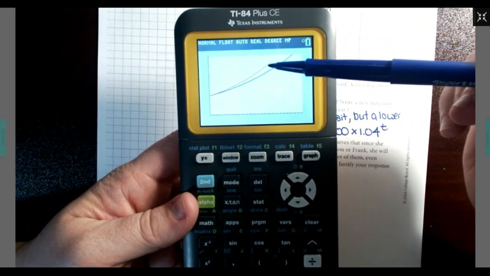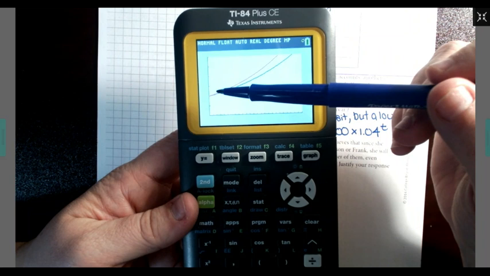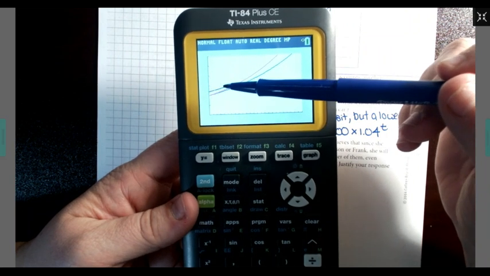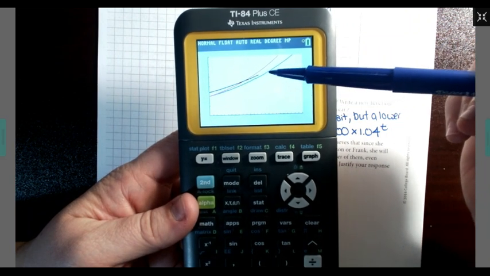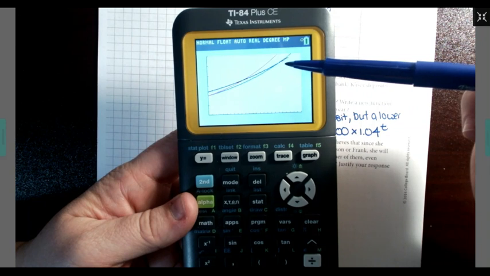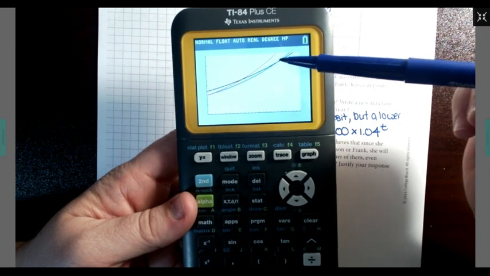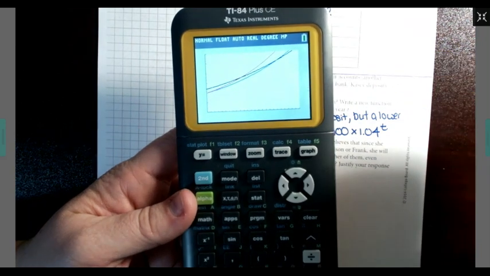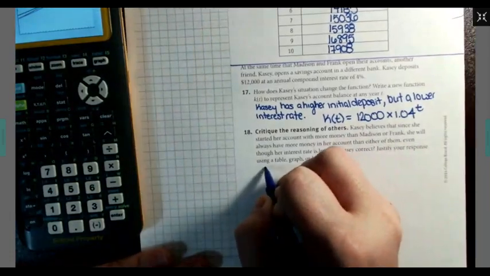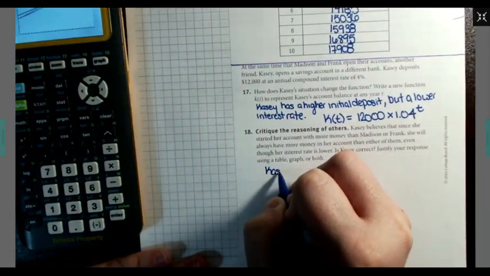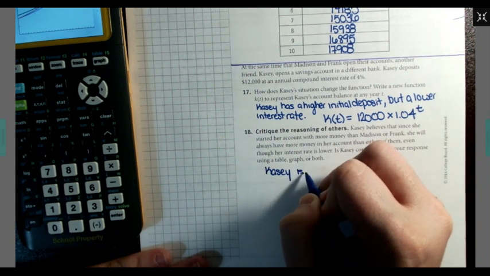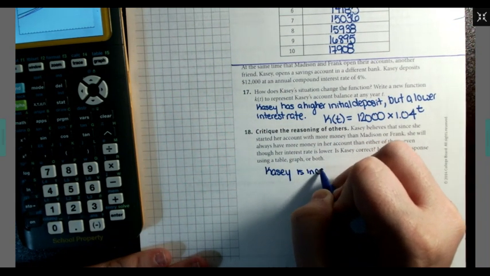Here comes Frank. And here comes Casey's, this line coming across this way. And notice that the other two eventually get higher than her. So Casey is incorrect.